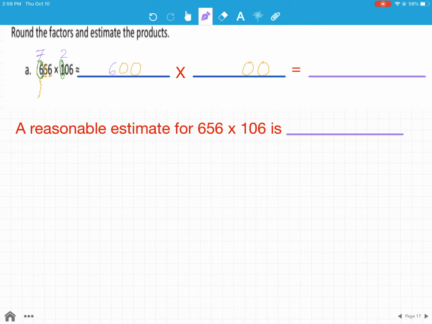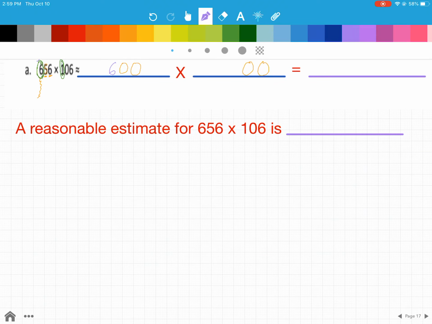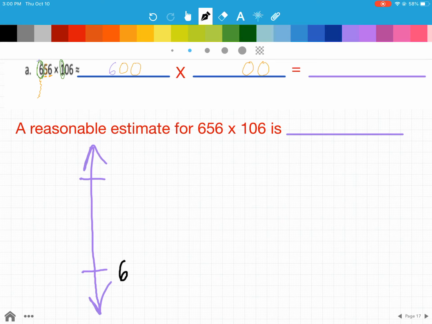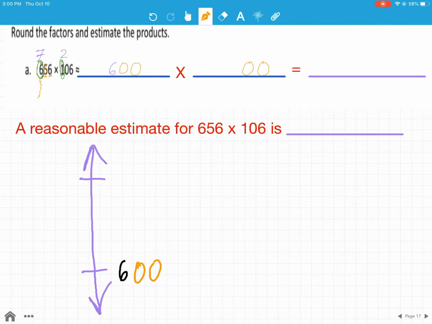Now another way to do it, we've done it before, is with a vertical number line. So we start off with our 600. 1 more than 600 is 700. That goes on the top.